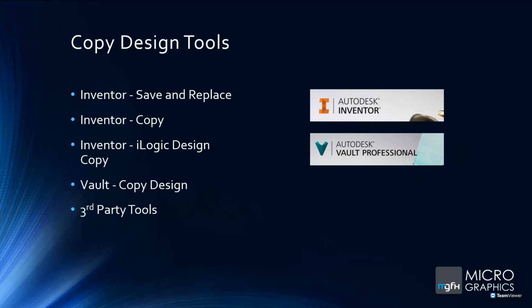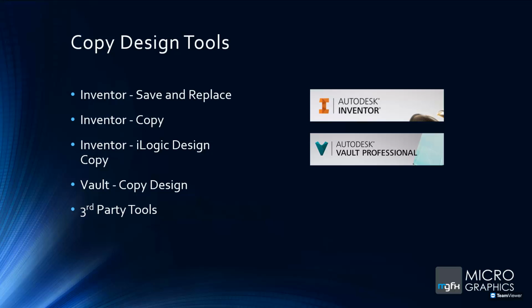So looking into our copy design tools, we have various tools at our disposal for copying designs, whether you have Vault or just Inventor. In Inventor itself, during your day-to-day modeling, you have options like save and replace, where you're able to take a component in an assembly, duplicate it, basically save a copy of it, and have that immediately placed back into the assembly.